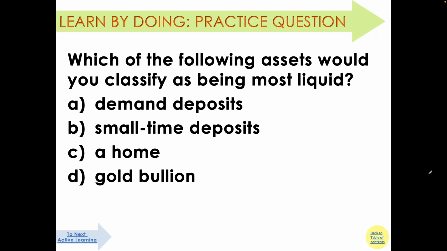Now let's look at this practice question. Which of the following assets would you classify as being most liquid? To understand what's liquid, let's look at C, your home, or you have a house. It is an asset.